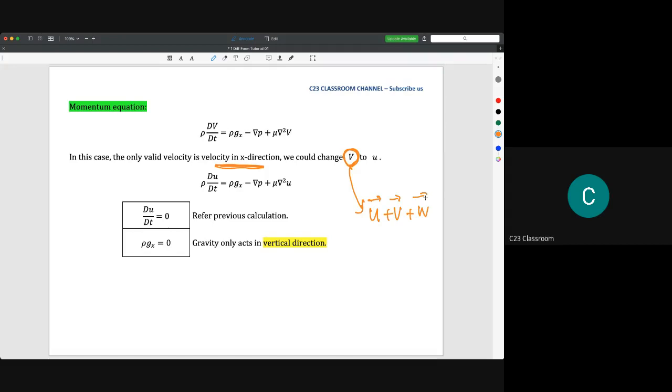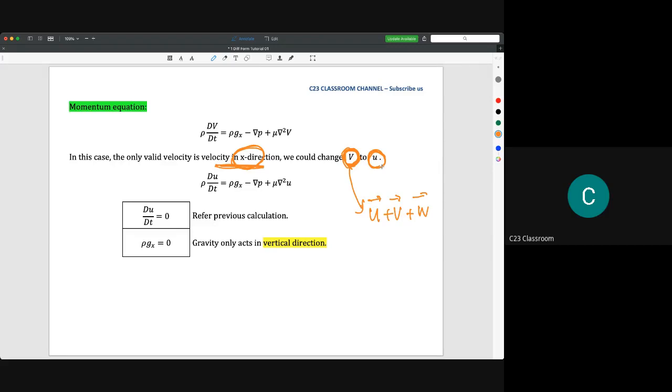This is not about adding 5 meters per second plus 2 meters per second plus 3 meters per second. That's not about that. This is the resultant velocity vector. So V is the resultant velocity, and because we are focusing only on x direction, it is okay for us to change the velocity here into the component velocity of x, which is the small u.